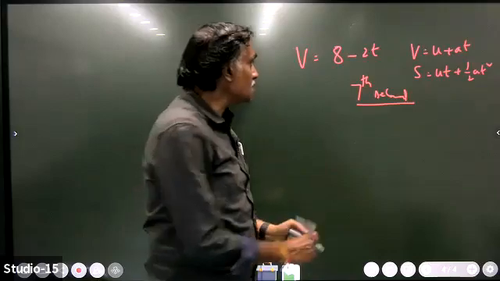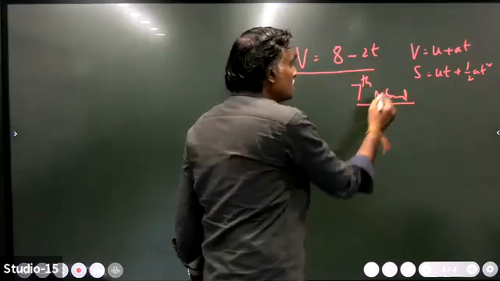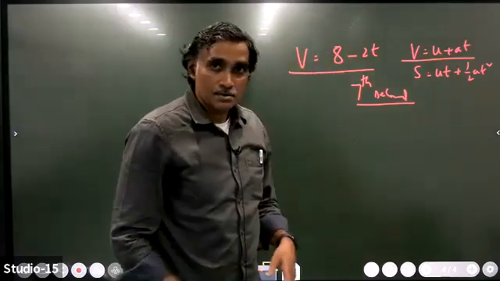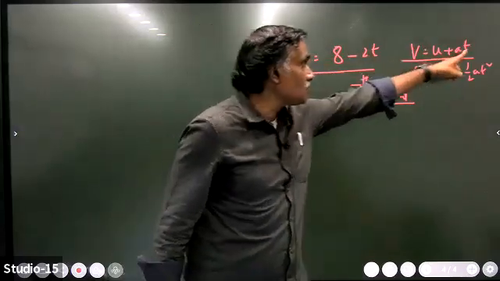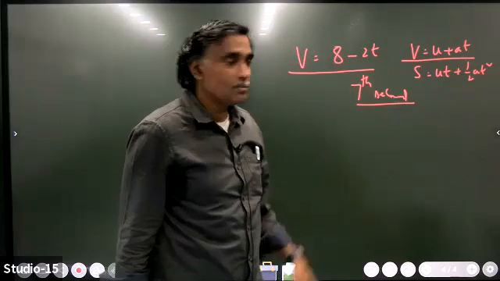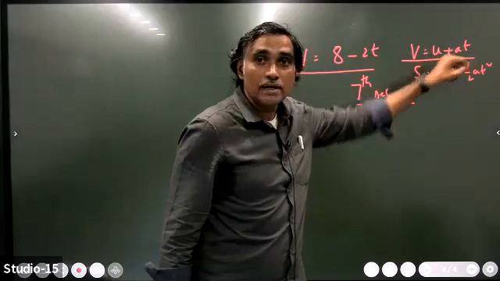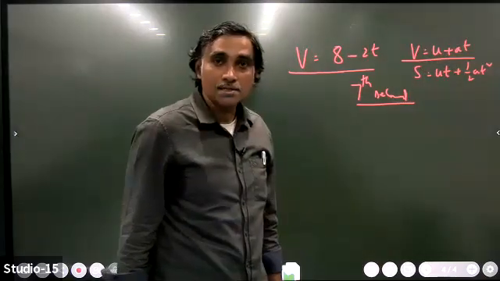So in this case, velocity is given as a function of time. Is it comparable to this equation? Yes. What is the power of time here? 1. Here also 1. Power of velocity here 1, here also 1. The other two, u and a, are constants. U is initial velocity, a is acceleration.